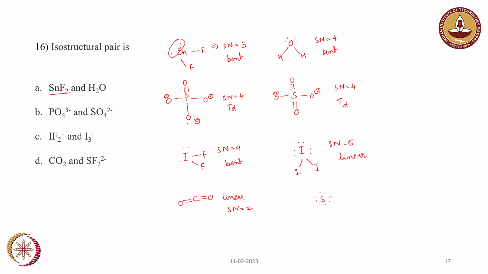And 2 fluorine atoms are bonded, so it will be linear with steric number 5. So option B is the answer, where both PO4 3 minus and SO4 2 minus have tetrahedral structures.